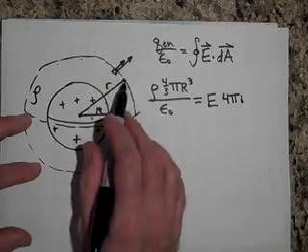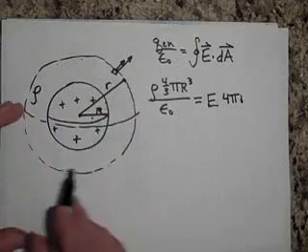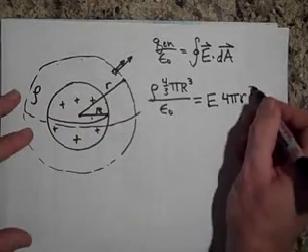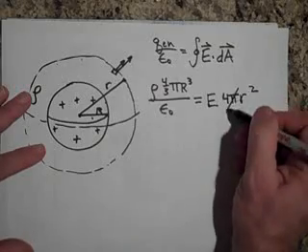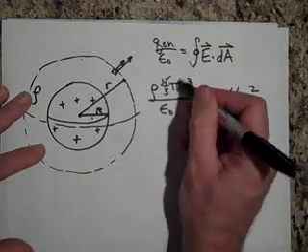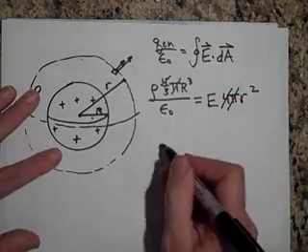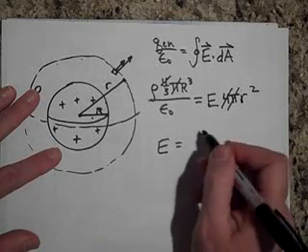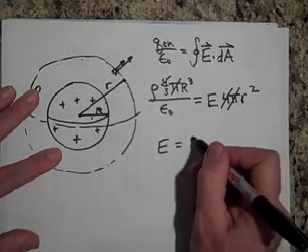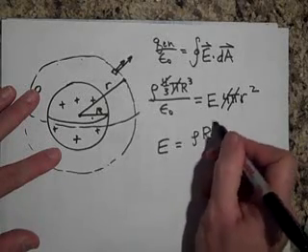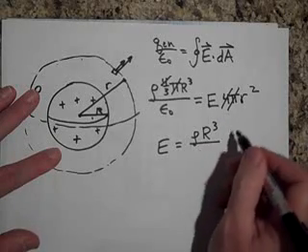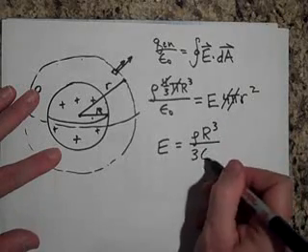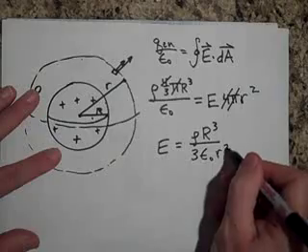It's the little r. See how the surface area of this is 4 pi little r squared? So we get rid of a pi and a 4. And it looks like we get that the electric field when we solve for this is equal to rho R cubed over 3 epsilon naught r squared.